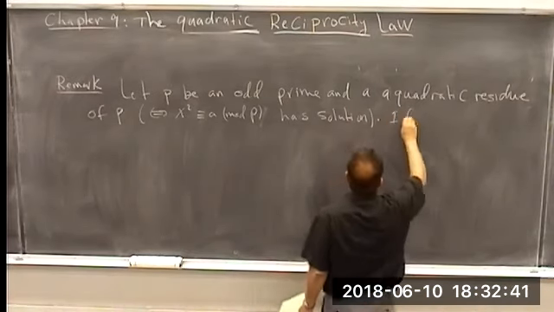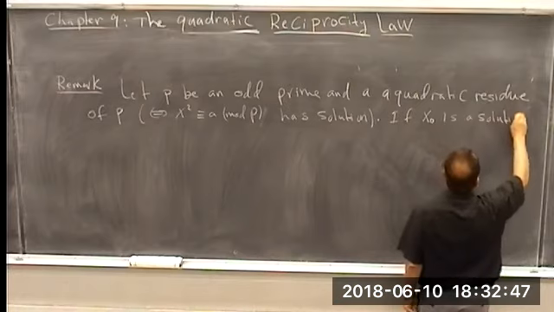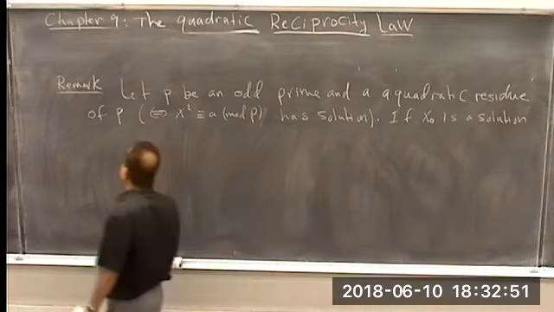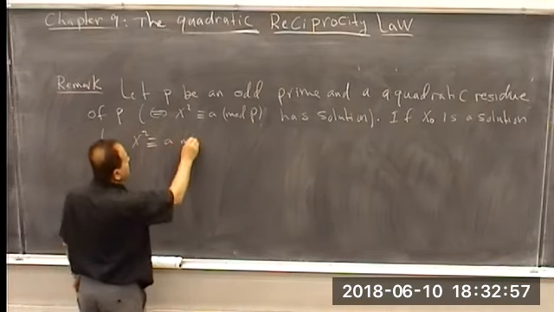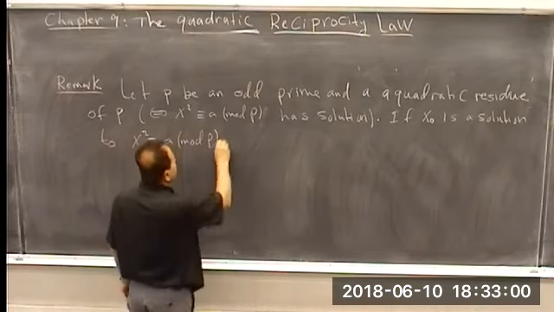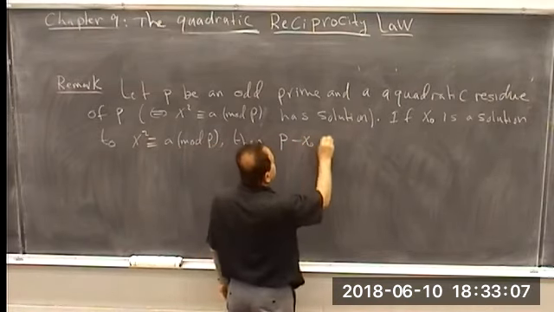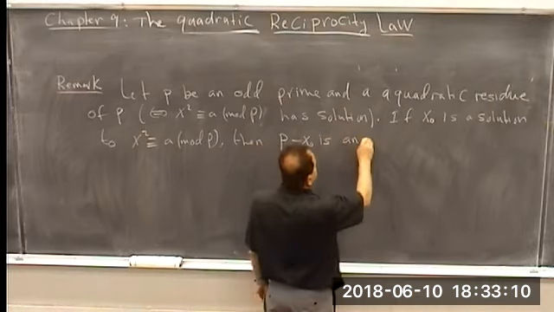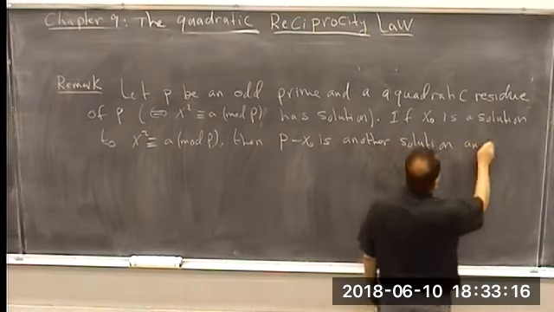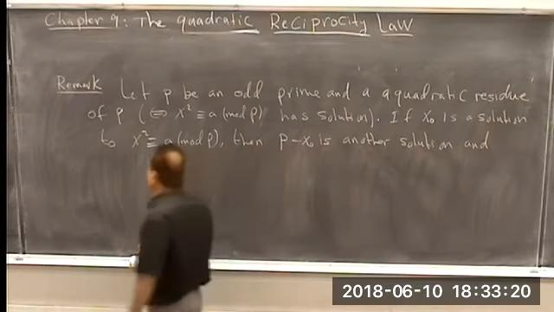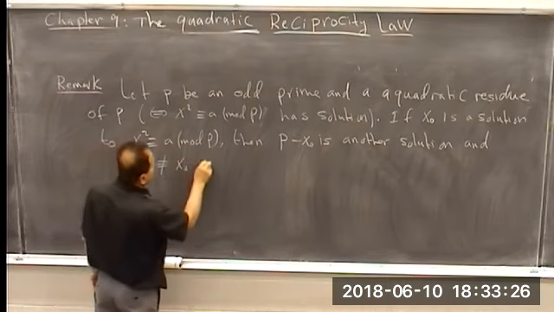So if x sub 0 is a solution to x squared congruent to a mod p, then p minus x sub 0 is another solution, and it is not congruent to x sub 0 mod p.